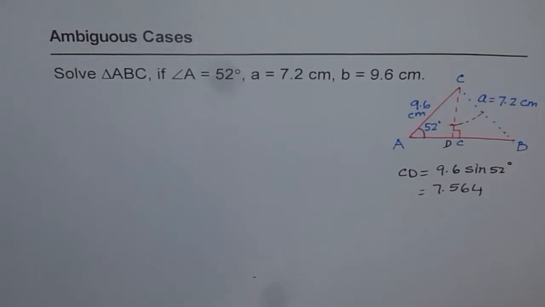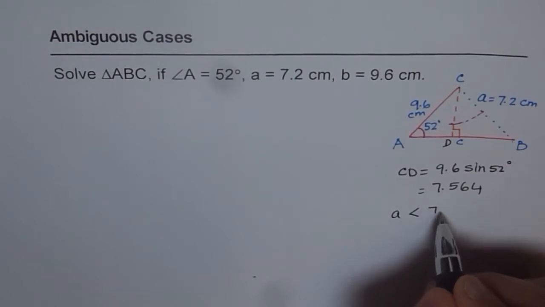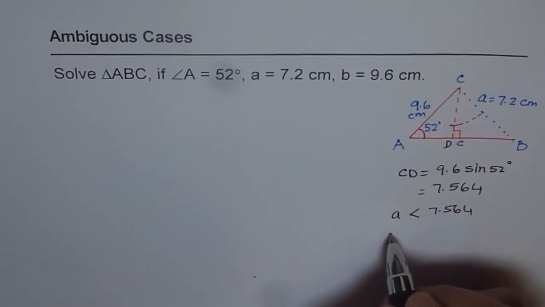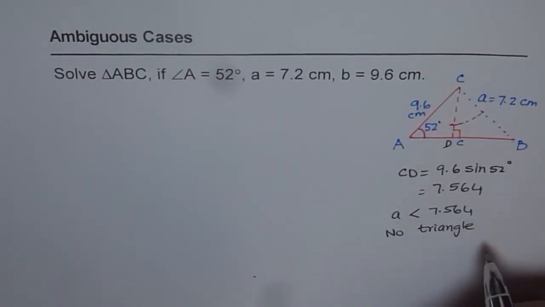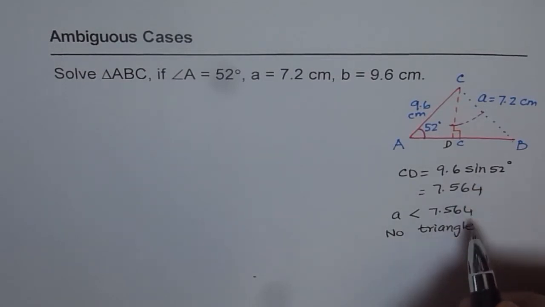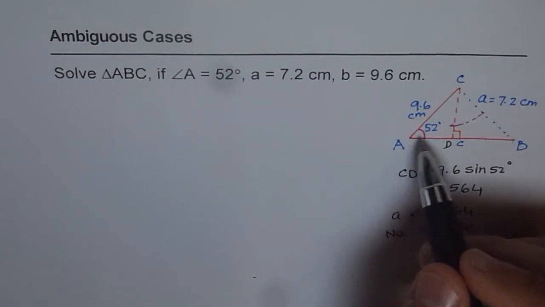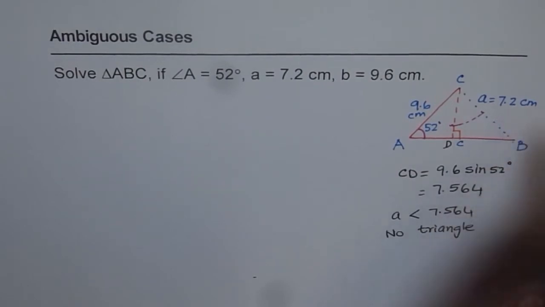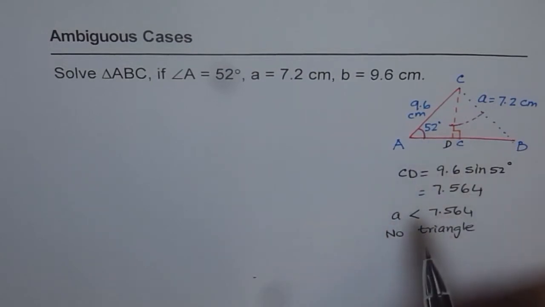Since a is less than 7.564, we cannot form a triangle, so no triangle can be made in this particular case. What you notice here is that if the side given opposite to the angle is less than b sine A, you cannot form a triangle.